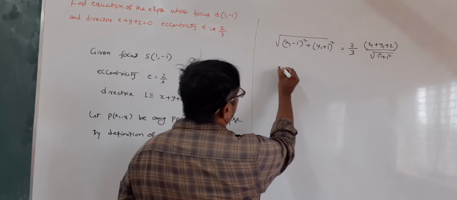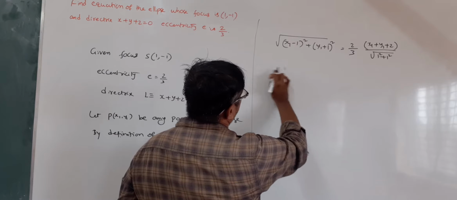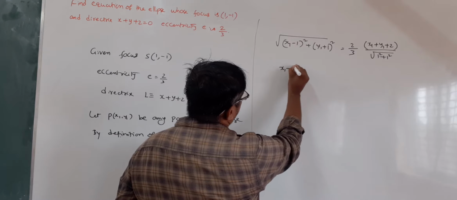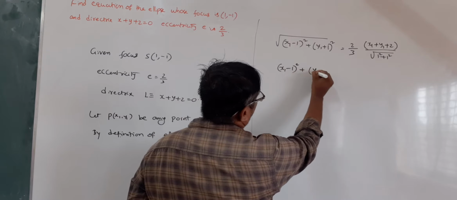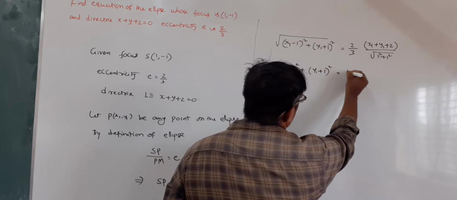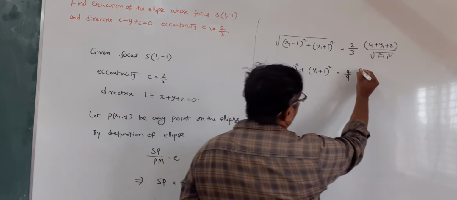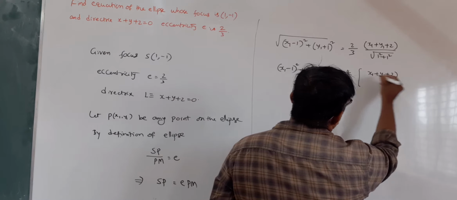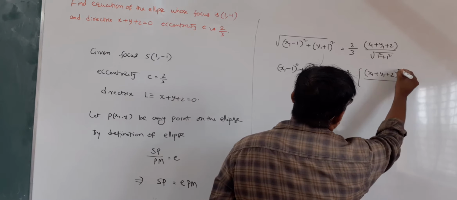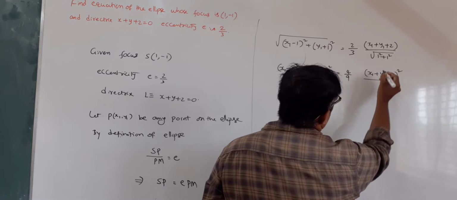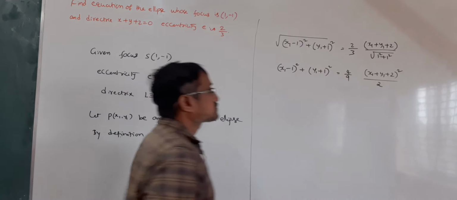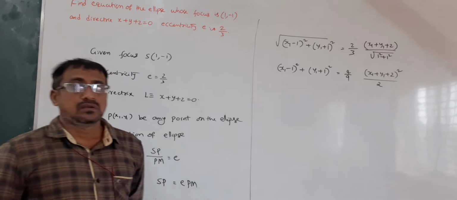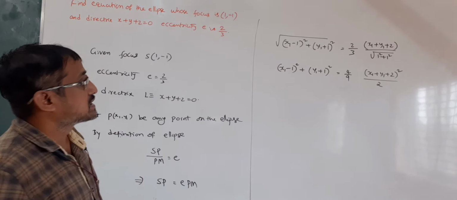Now by squaring on both sides, you will get (x1 minus 1) whole square plus (y1 plus 1) whole square is equal to 4 by 9 into (x1 plus y1 plus 2) whole square by 2. The square root will be cancelled.